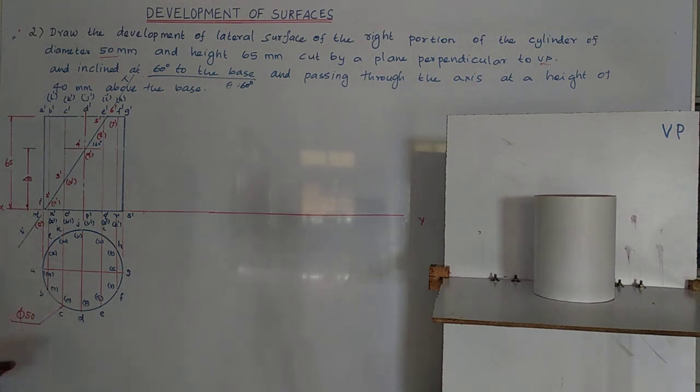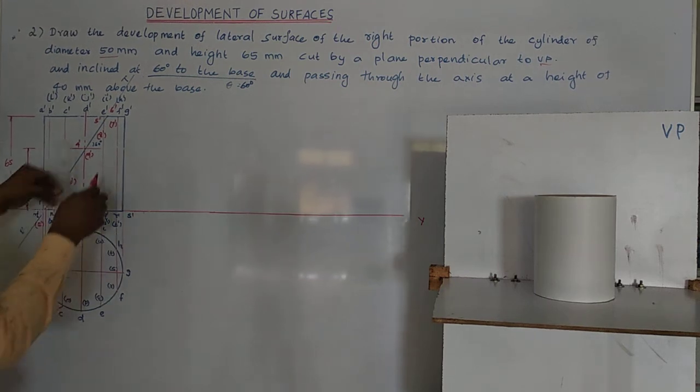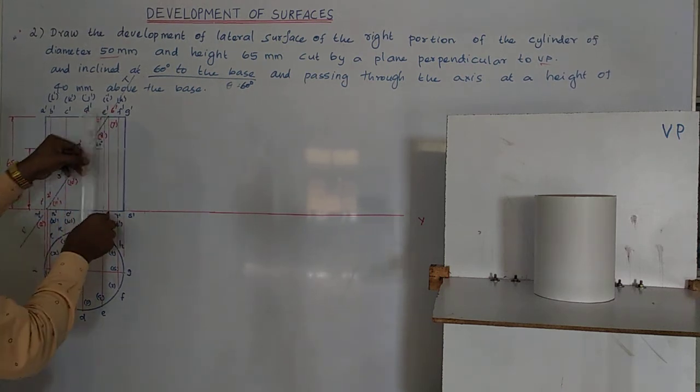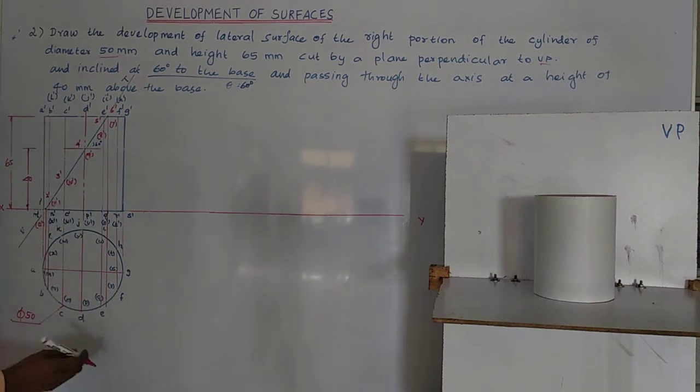Then how to mark the edges. So then bring this towards down. I bring towards down here. So I also bring 6 towards down to mark in the front.